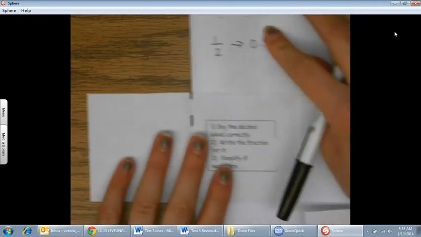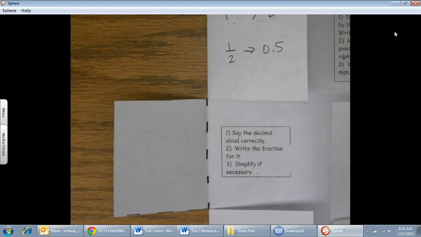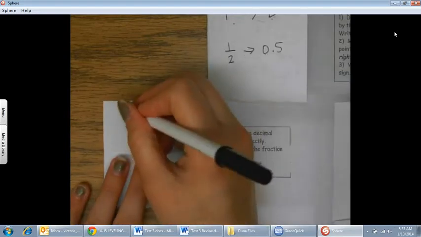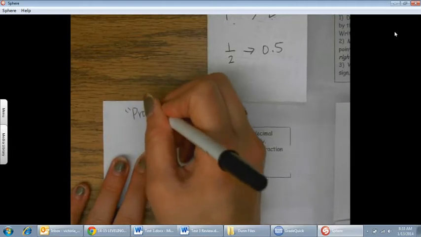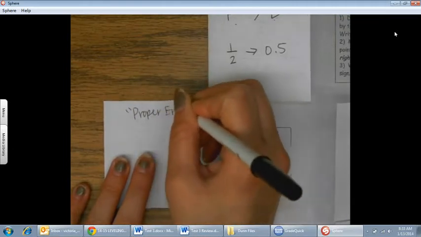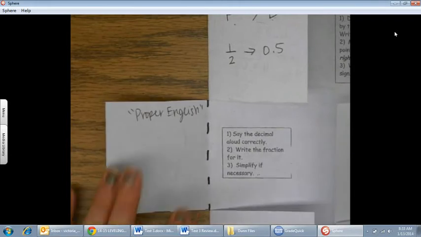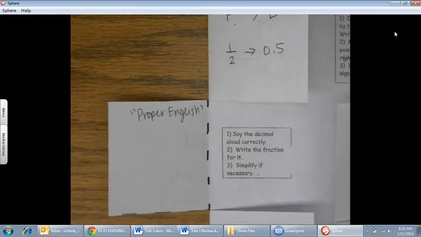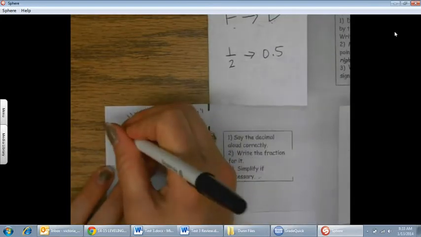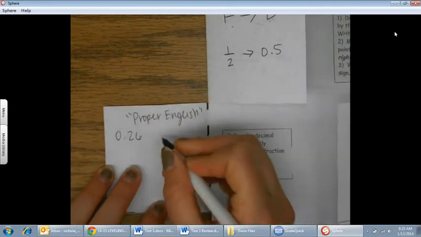I like to call it proper English. All you have to do is say the decimal correctly and write the fraction for it, and then obviously simplify if you have to. So my first example, we would read this as 0 and 26 hundredths because it ends in the hundredths place.